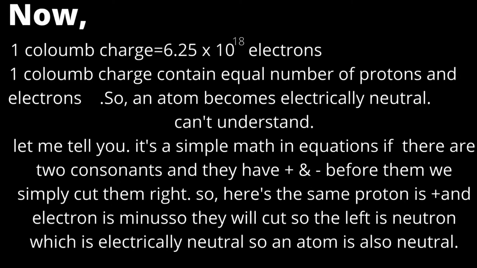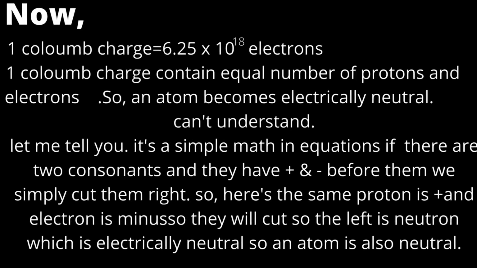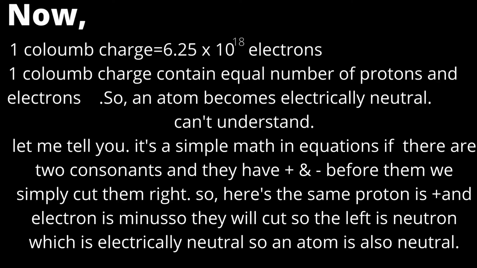Now, 1 coulomb charge is equal to 6.25 into 10 to the power 18 electrons. 1 coulomb charge contains an equal number of protons and electrons. So, an atom becomes electrically neutral. Understand? Let me tell you, it's simple math in an equation.